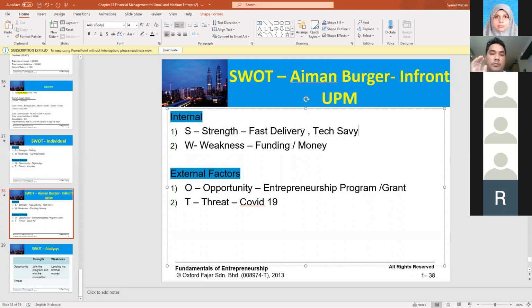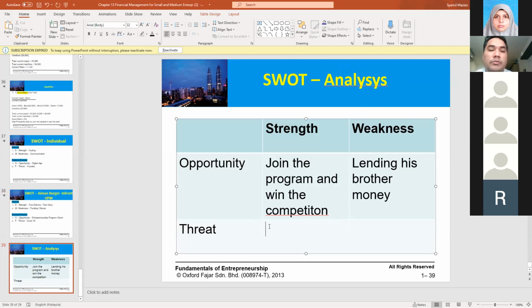Because Aiman is young, he has a skill in being tech savvy. So how does he overcome the threat of COVID-19? For example, they make an online business. How do you want to use your strength to cover the threat?